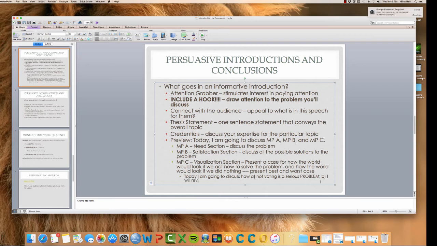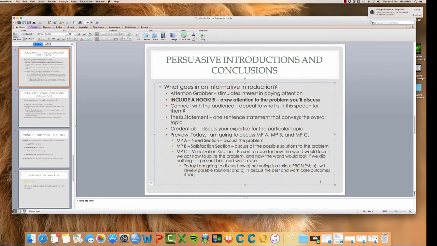I will review possible solutions. And C, I'll discuss the best and worst case outcomes if we act and vote or if we do not vote.